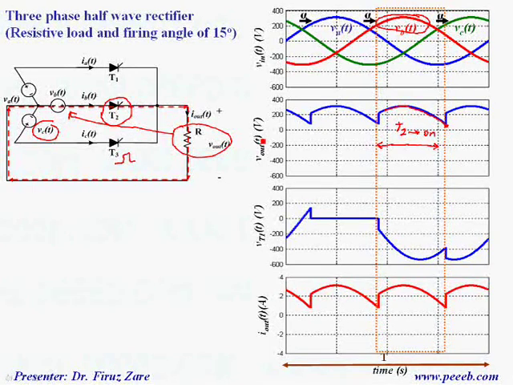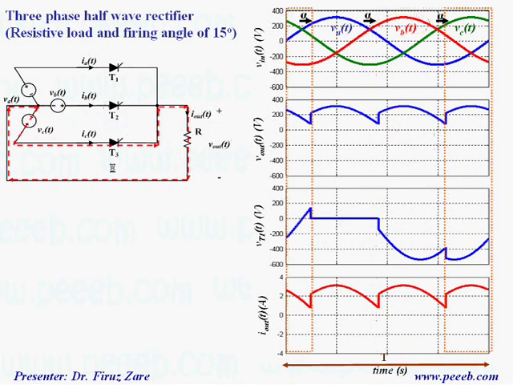So over this cycle, T2 is turning off and T3 will be on. So this is the other current loop for the time that we apply the gate signal over this cycle.